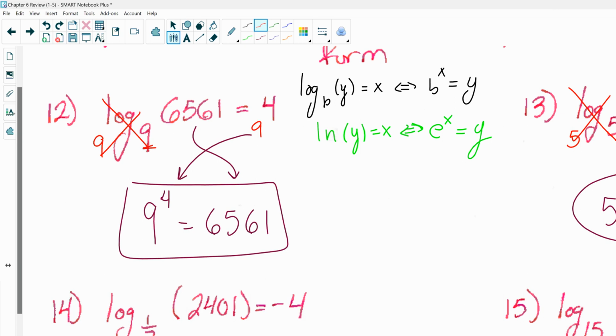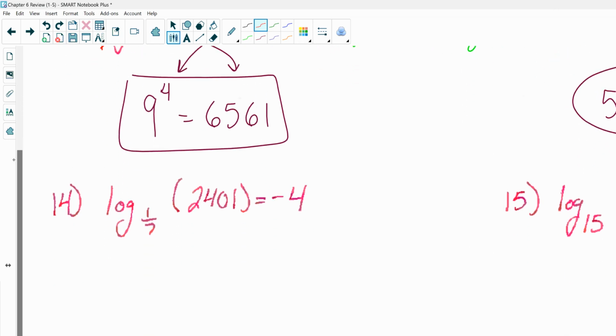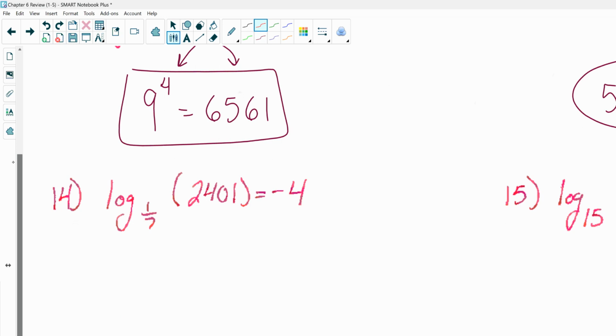Giving us 5 to the 7th is equal to 78,125. How about number 14? 1/7 to the negative 4th power equals 2,401.